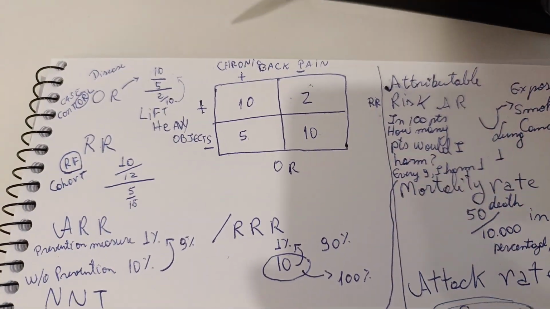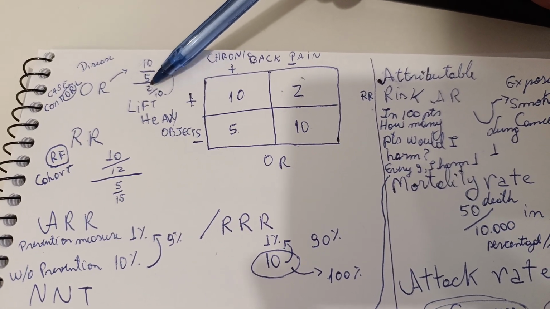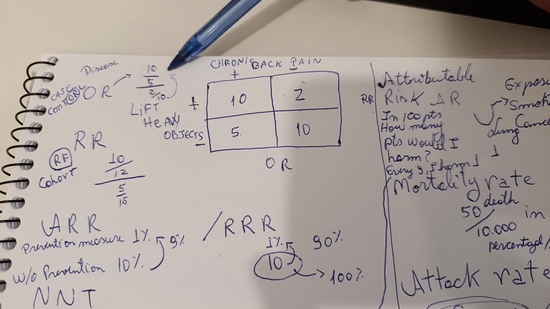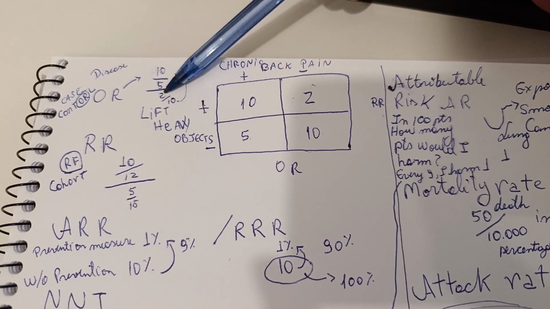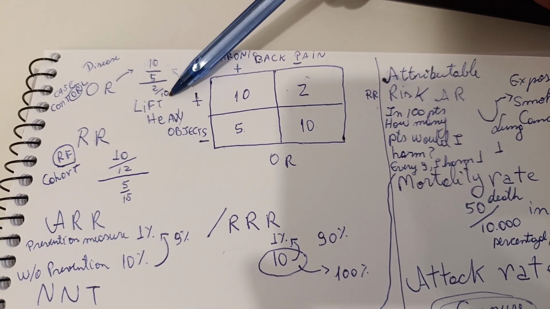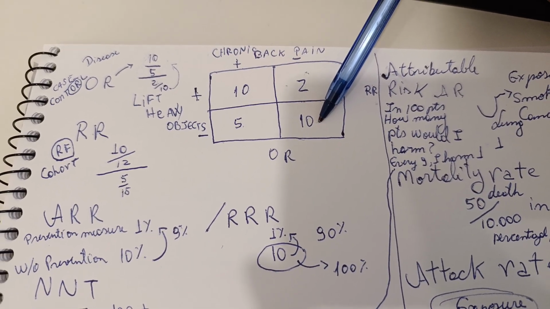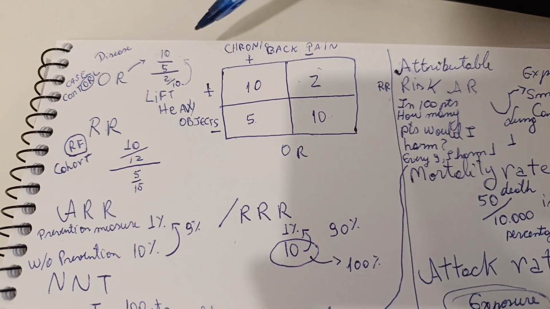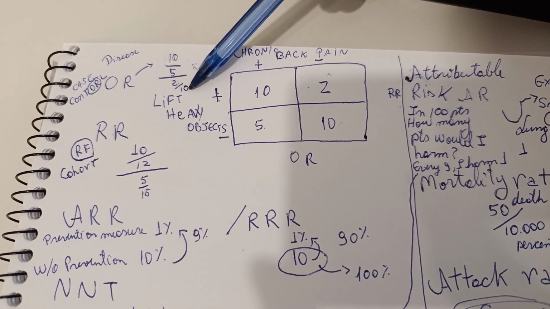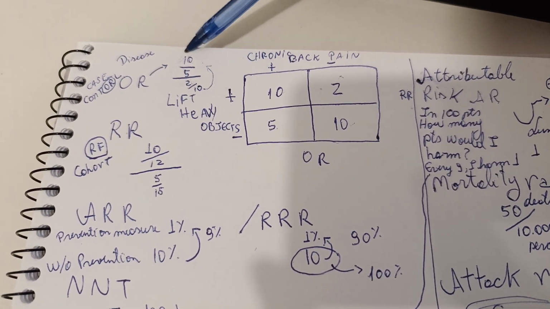You remember that the denominator will increase the numerator if we decrease the denominator. So as more people don't lift heavy objects, they don't have chronic back pain, it turns out that those 10 people will increase this number.